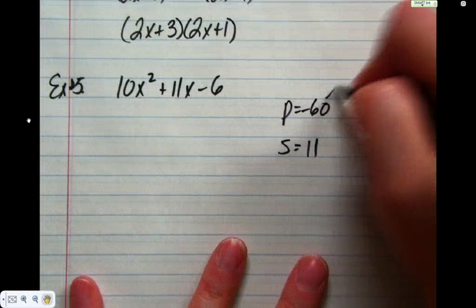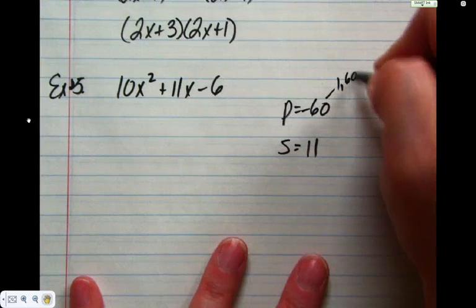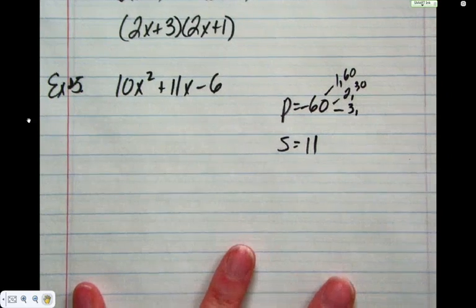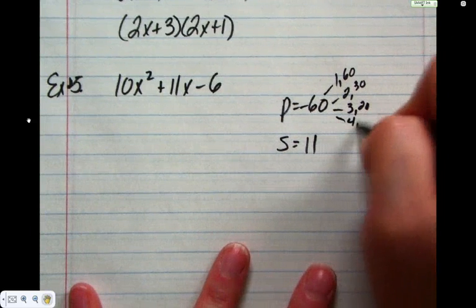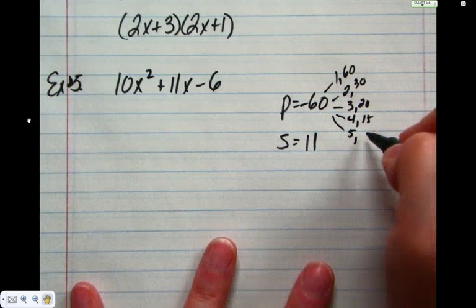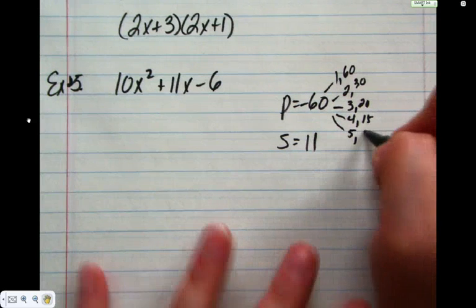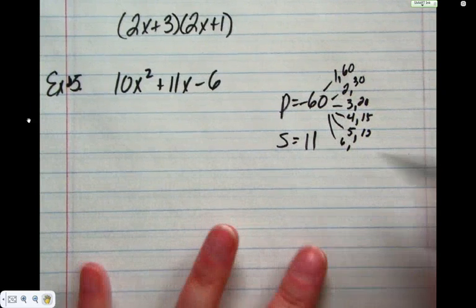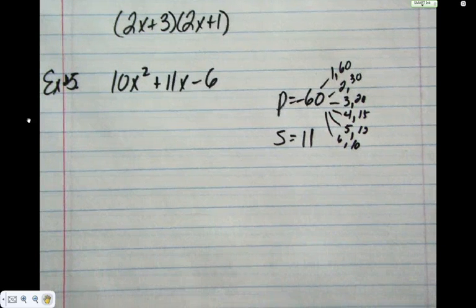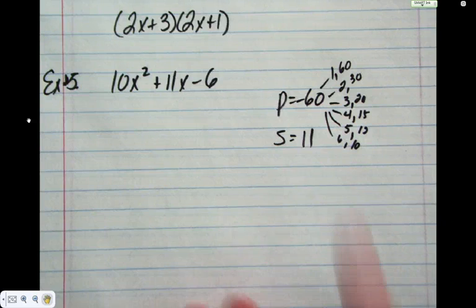Okay, 1 and 60, 2 and 30, 3 and 20, 4 and 15, 5 and 12, 6 and 10, 7, 8, 9. Okay, 60 is the largest we're going to ask you without a calculator. So you need to know all the factors at least up to 60. There's only one combination that's going to give us 11.